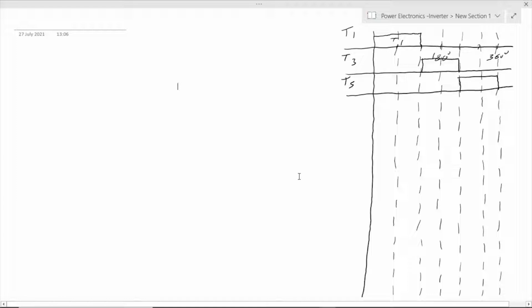T4 will be on at 180 degrees, and as each switch should conduct for 120 degrees, it will start from 180 and go to 300. Similarly, we can draw T6. This is your T6, and this is your T3.